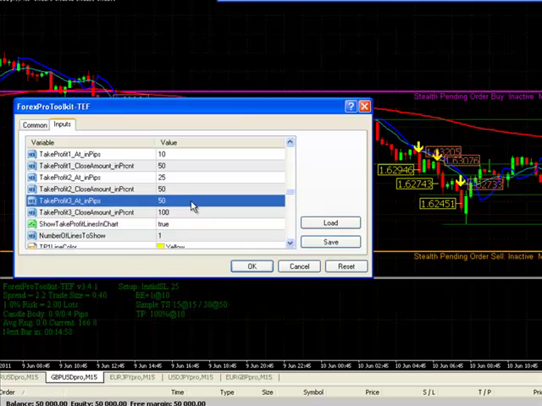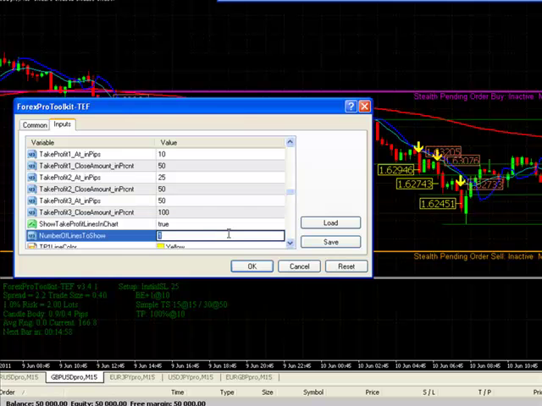Now what will happen is, since you're only showing one line, it will take half the trade at the suggested take profit point, and then half the trade still at 25 pips, and the rest of it at 50 pips. So that your normal setup is controlling the last two take profit points.